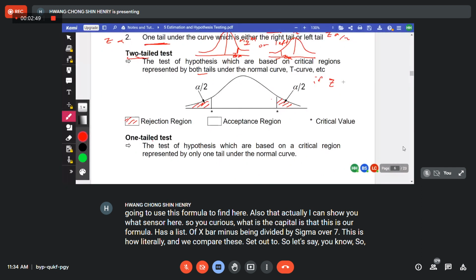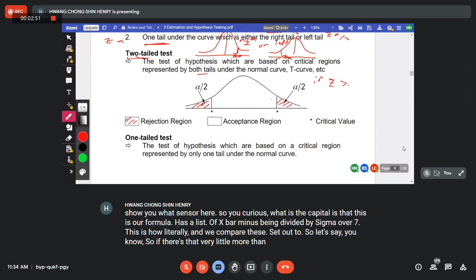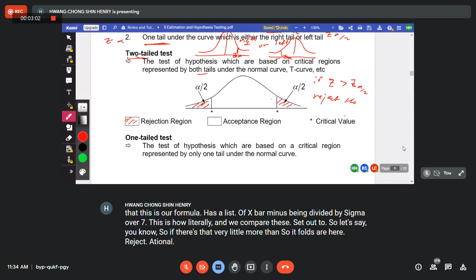If the Z value is more than, I'm talking about the positive side, so if it falls inside here, reject H0.